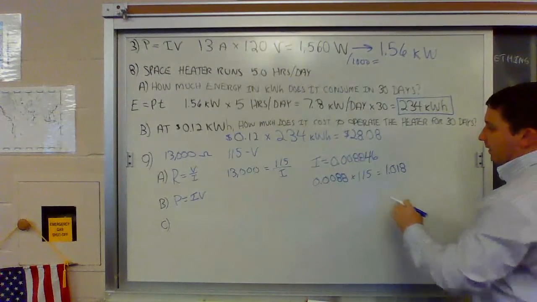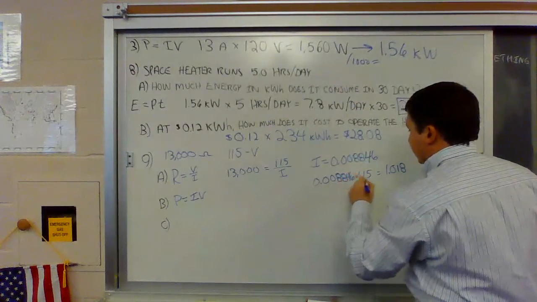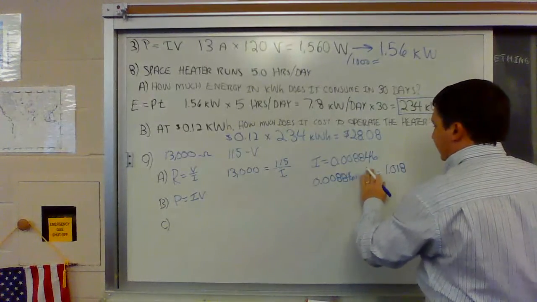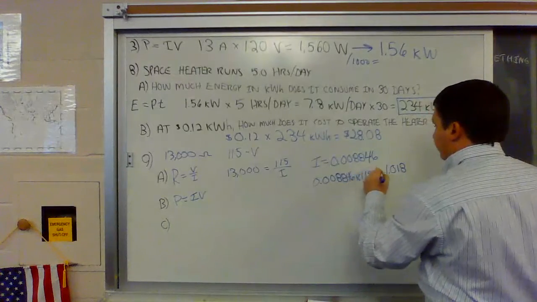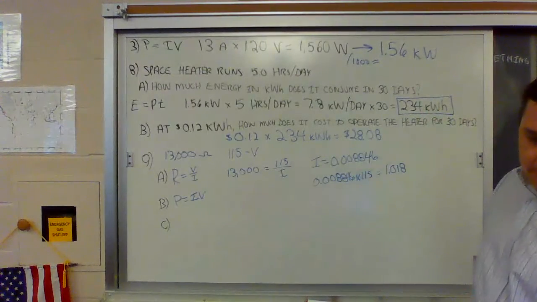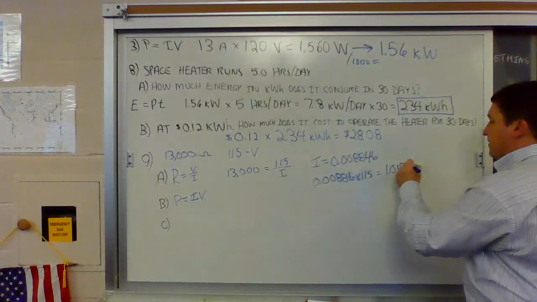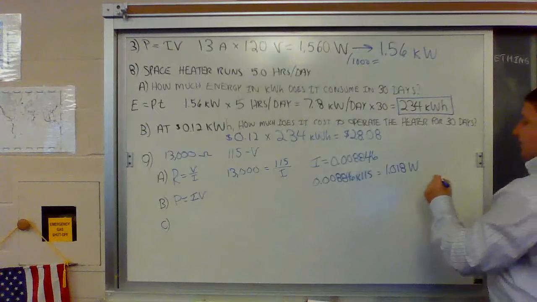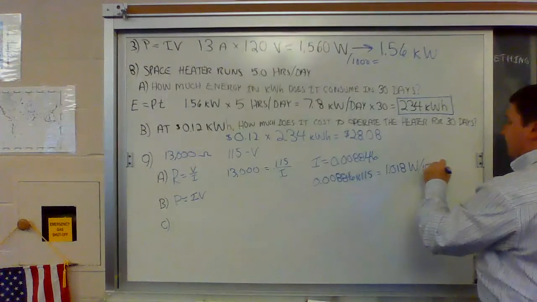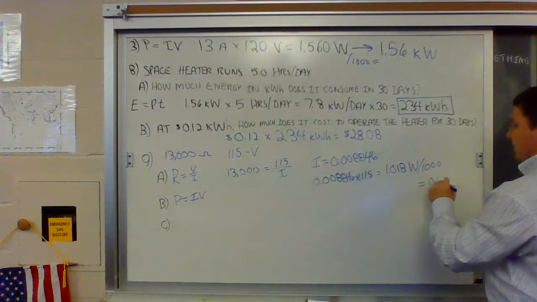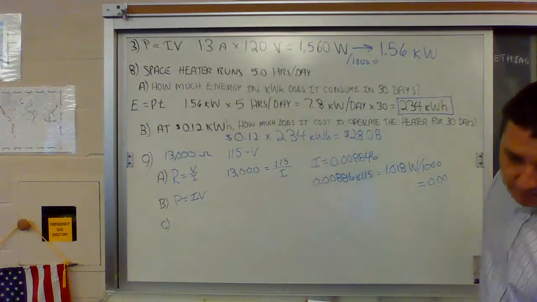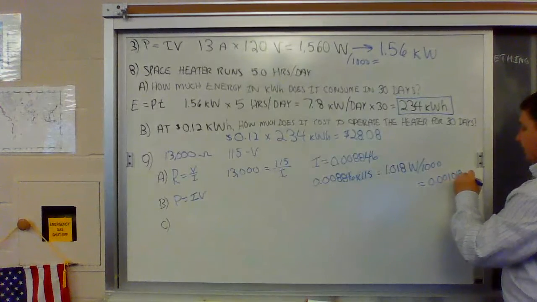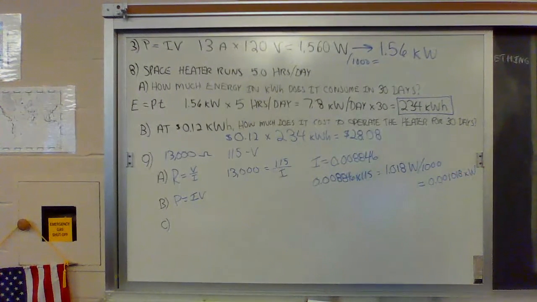So 0.008846 times 115 gives you 1.018, and that's in watts. Now, you want to convert this to kilowatts, so we're going to divide by 1,000, and we're going to get 0.00, make sure I got the right zeros here, 1018 kilowatts. That's your answer to part B.